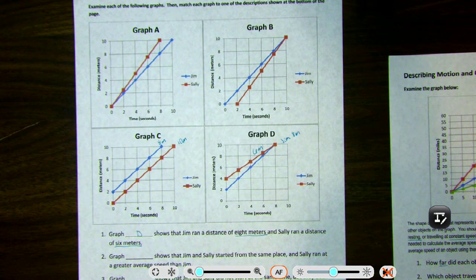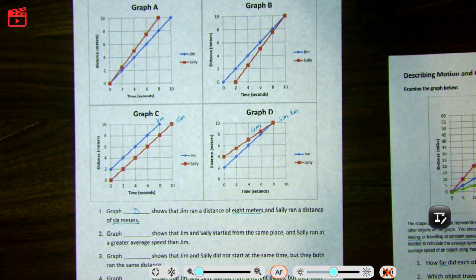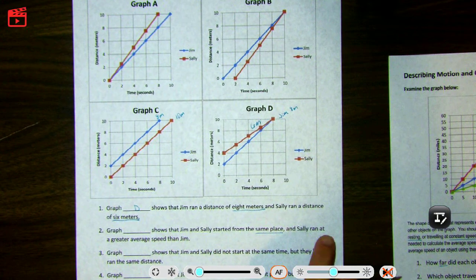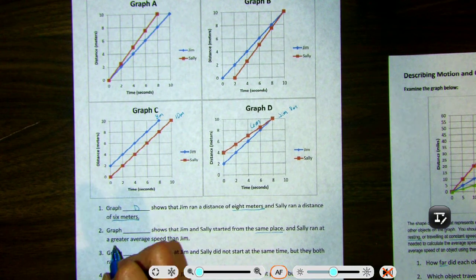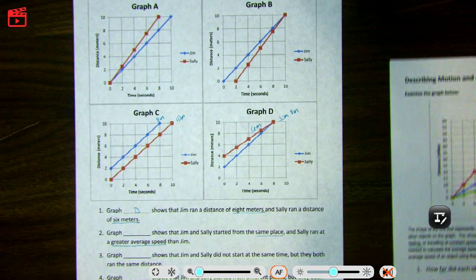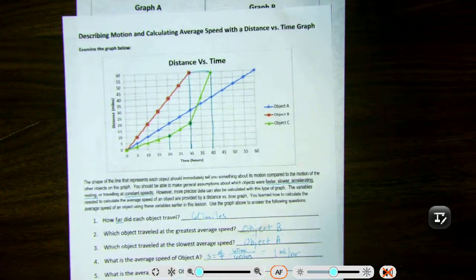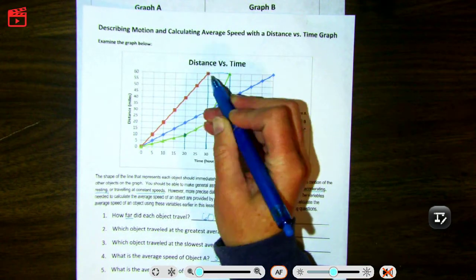All right, the next one. Graph blank shows that Jim and Sally started from the same place, so they need to start from the same place, and Sally ran at a greater average speed than Jim. Okay, so if it's a greater average speed, when we look at this one over here, this one had a greater speed and its slope was steeper, right?